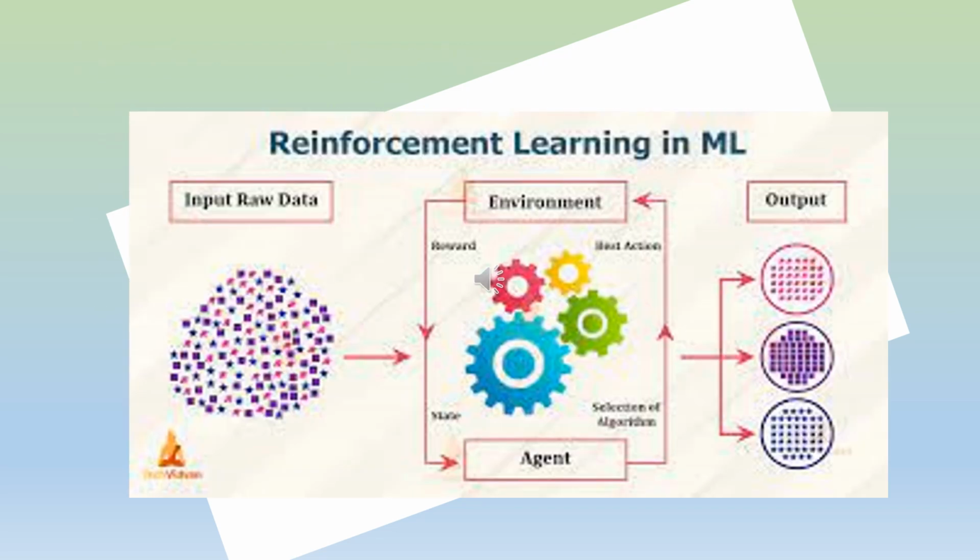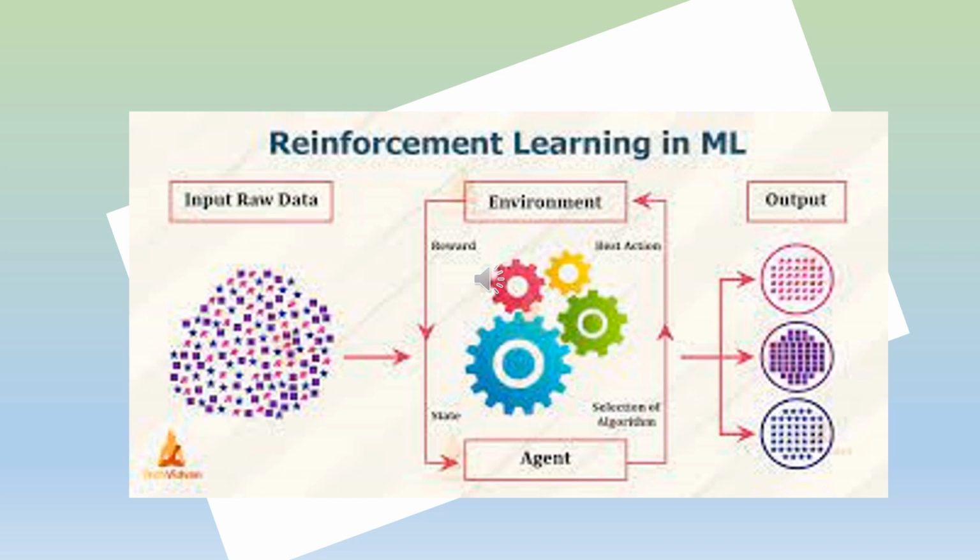Now let's see how reinforcement learning works. It consists of the environment and the agent, where the environment can be anything such as a room, a maze, a football ground, etc. The agent is the intelligent agent, such as an AI robot.